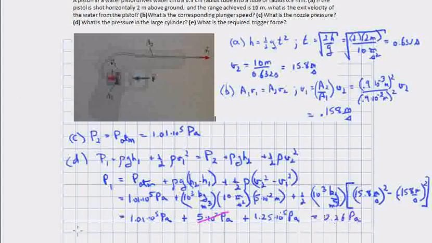Okay, last part now is what the force required on the trigger is to drive the cylinder in, cylinder of area A1. And so the P1 is pressure.